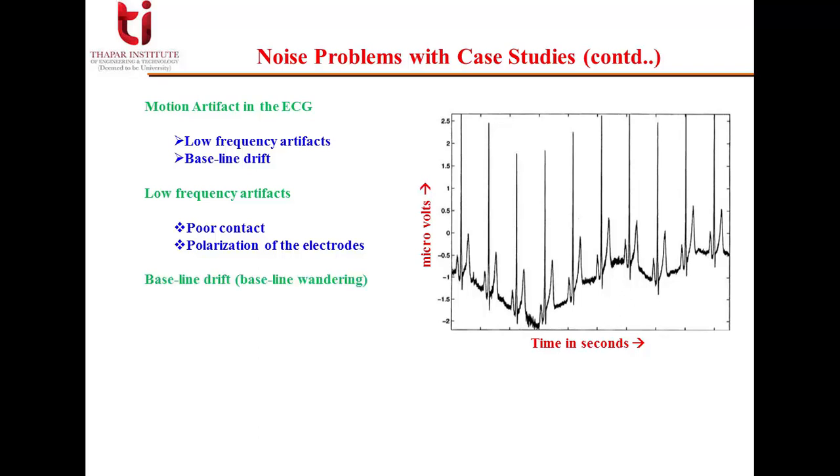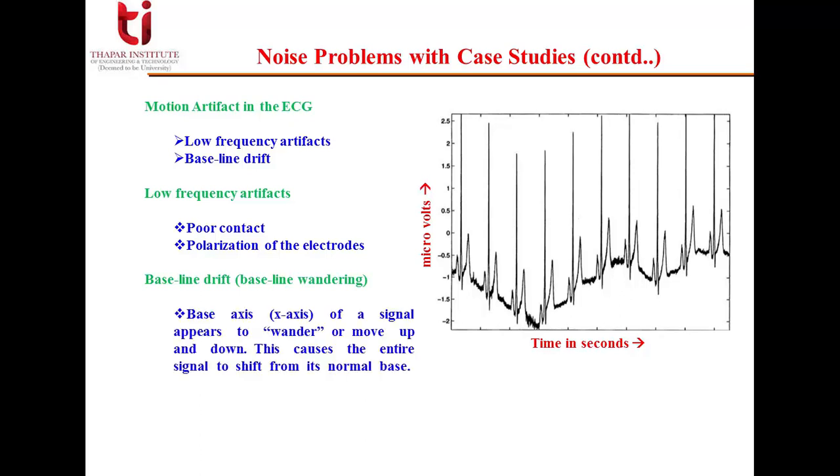Now next is the baseline drift, or we can also call it baseline wandering. Baseline means the base axis, or simply the x-axis. It appears to move up or down. This causes the entire signal to shift from its base.